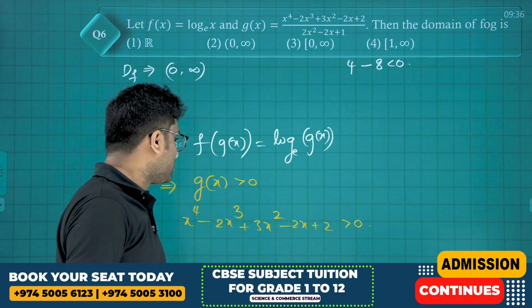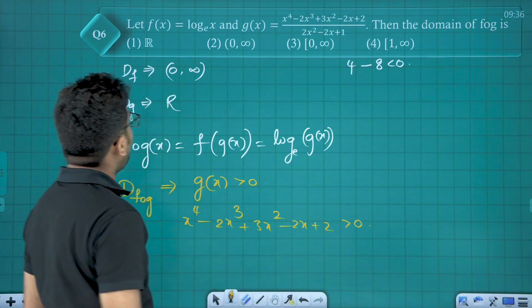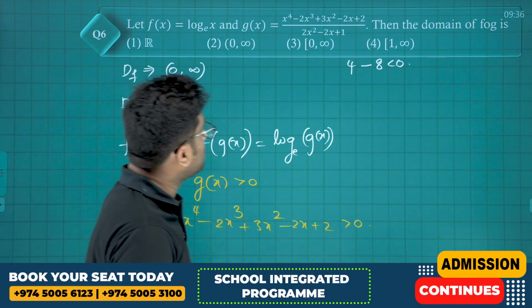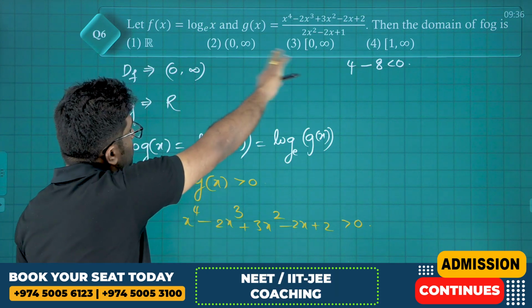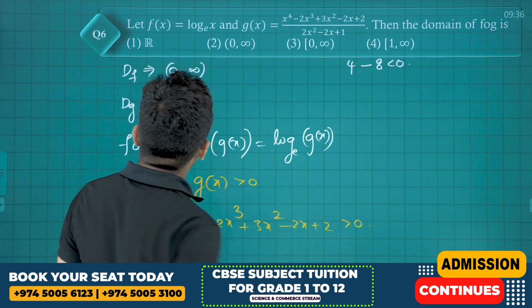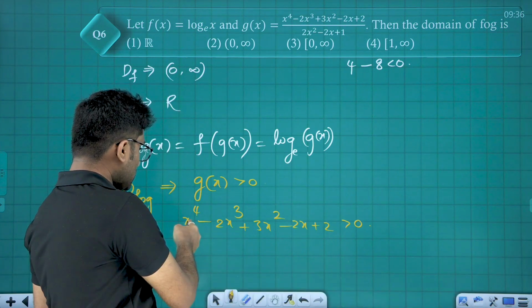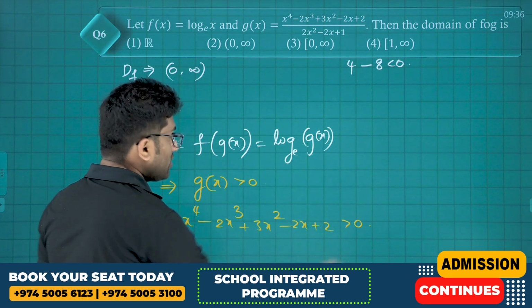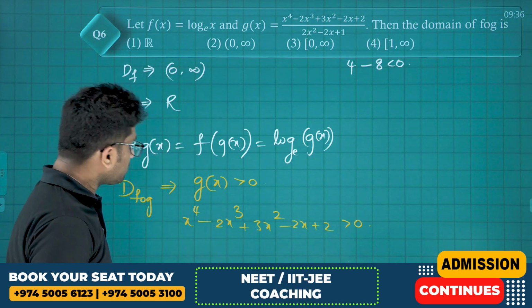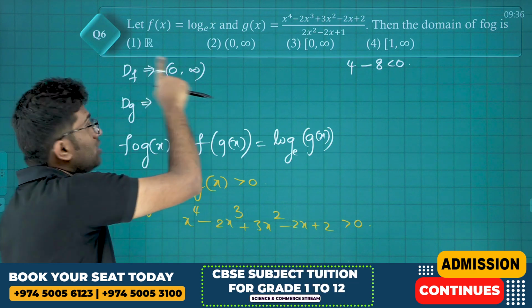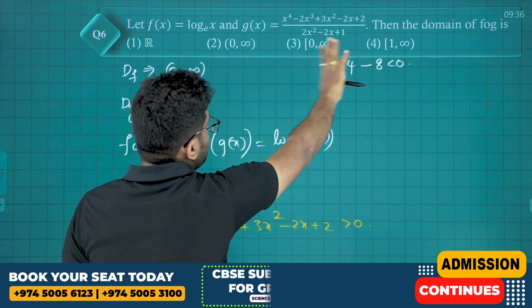Now in options we have R, 0 to infinity, closed at 0. First we will put x equals to 0. Is x equals to 0 included in some region, or not included? If we put x equals to 0, we get 2 greater than 0. That means x equals to 0 is there in our domain. Negative solutions are not there in second option, third option and fourth option.